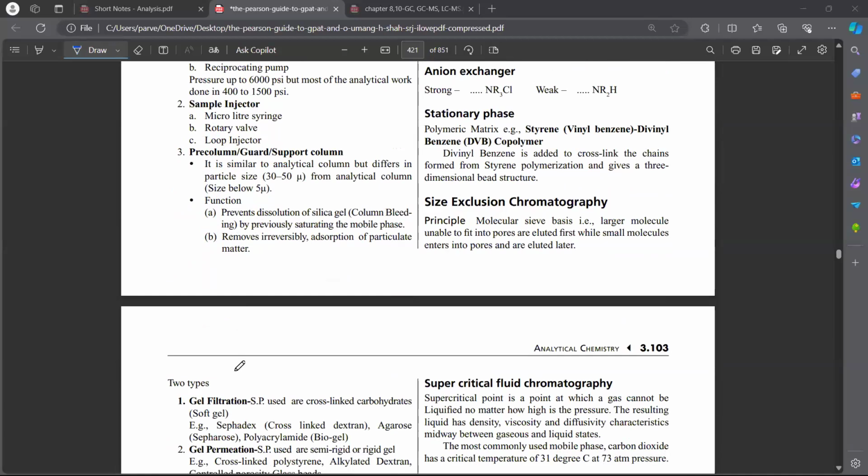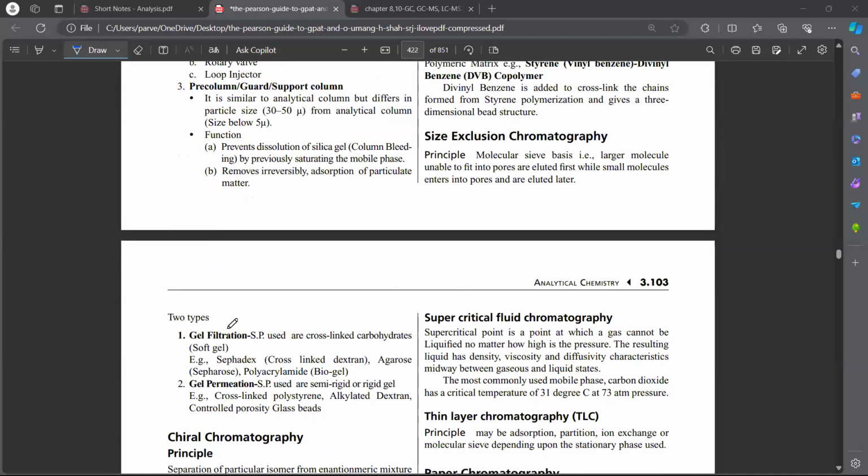In gel filtration, the stationary phases are cross-linked carbohydrates, which are soft gels, including Sephadex, which is dextran, agarose, which is Sepharose, and polyacrylamide gel, also known as biogel. In gel permeation, the stationary phase is usually semi-rigid or rigid, including polystyrene, dextran, and controlled porosity glass beads.